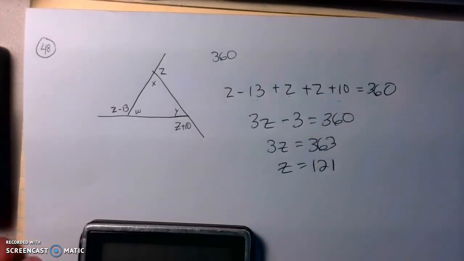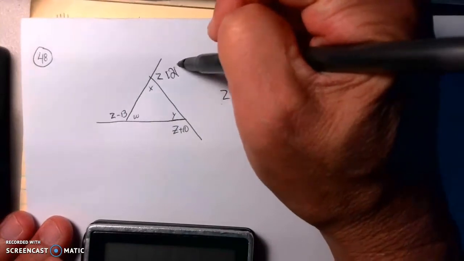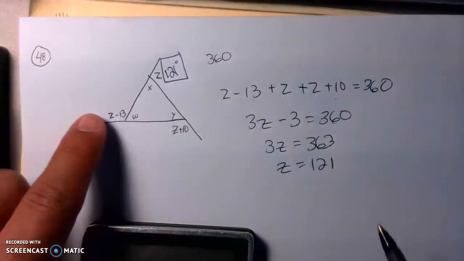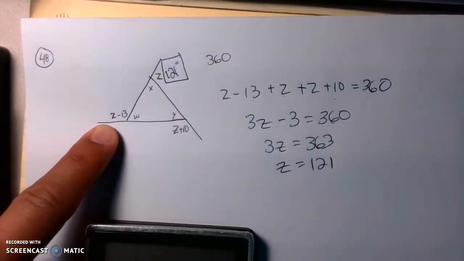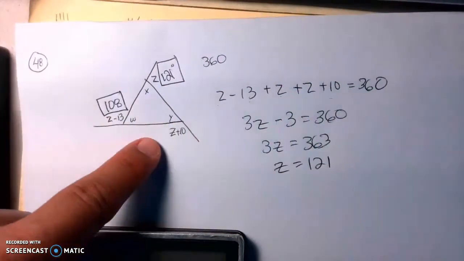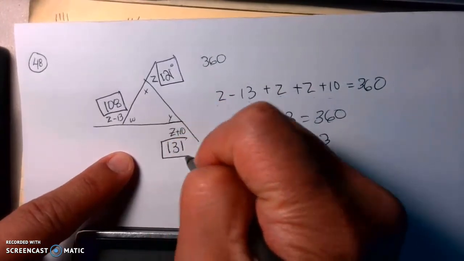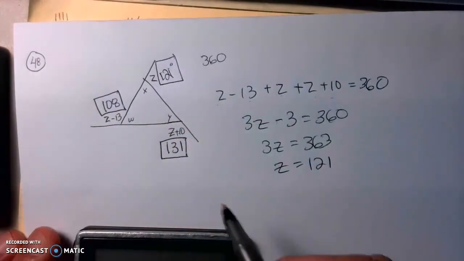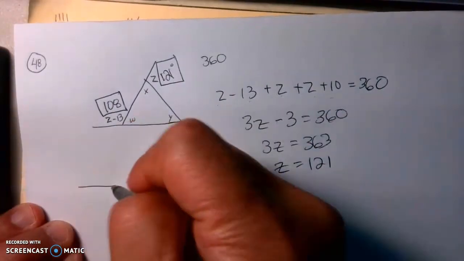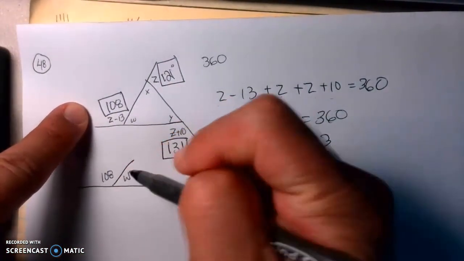So let's now use the 121 back in this formula. This angle here is 121. This is 121 minus 13, so this is 108. And this angle here is 121 plus 10, so that is 131. Now to figure out the inside, like W here, you just take the outside 108, and W is on the inside.